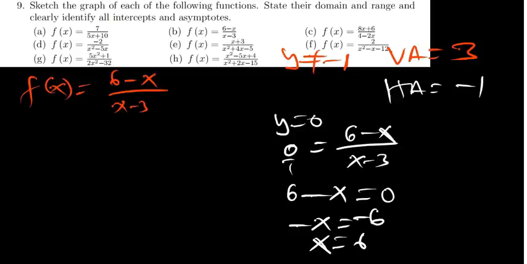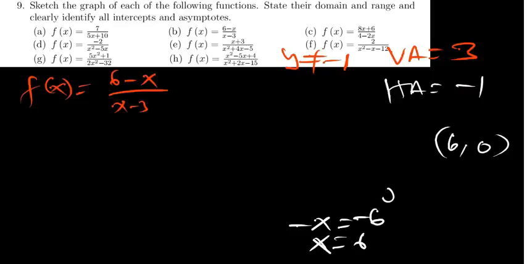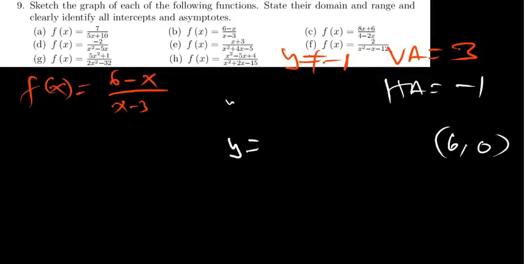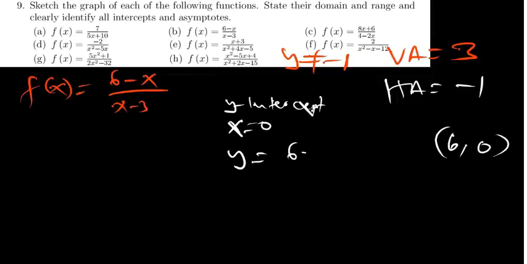So what does it mean? When x is 6, y is 0. That is my x-intercept. Now to find the y-intercept, x has to be 0. So y is equal to 6 minus 0 over 0 minus 3.